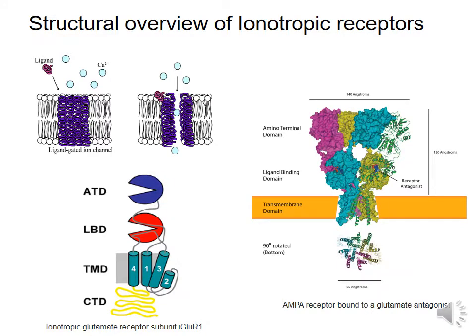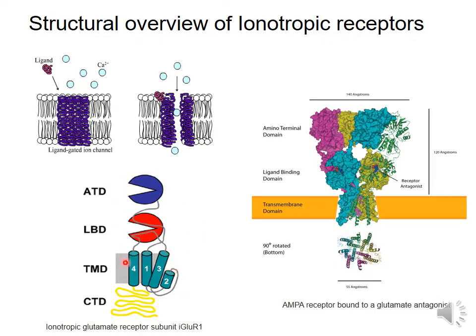And in this panel in particular, we can see a schematic representation of the general structure of an iGluR subunit of the ionotropic glutamate receptor, indicating the extracellularly located amino terminal domain, or ATD, and a ligand binding domain here. You can see it better in this representation.